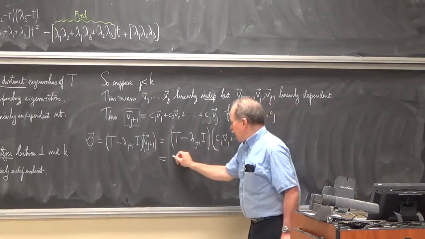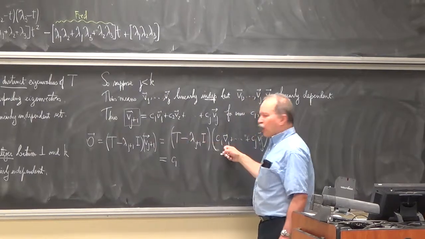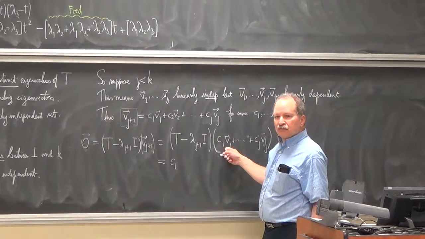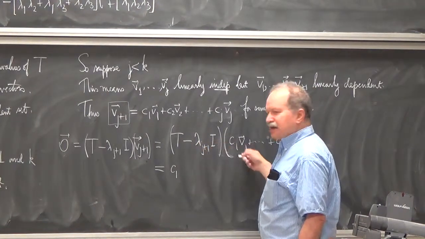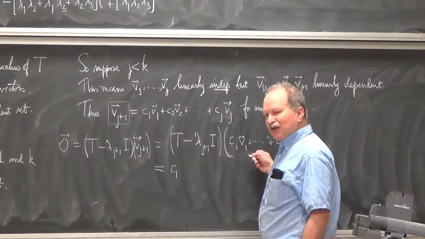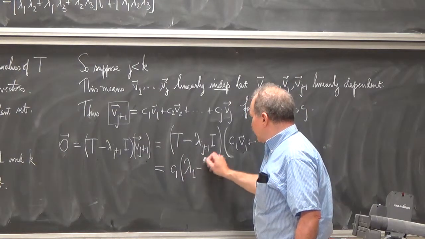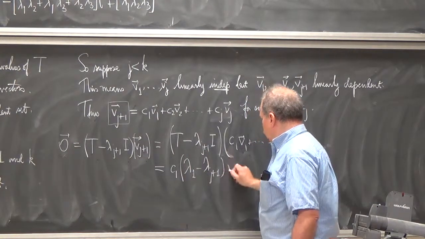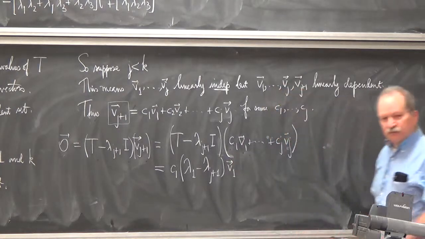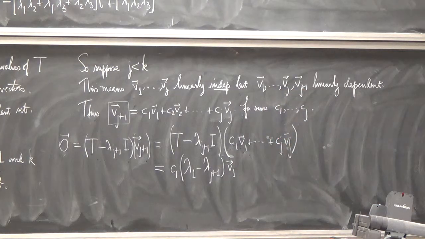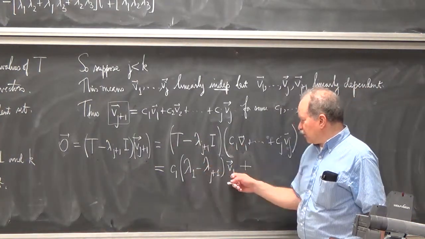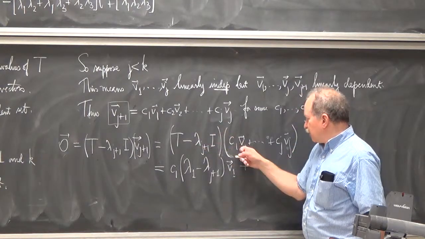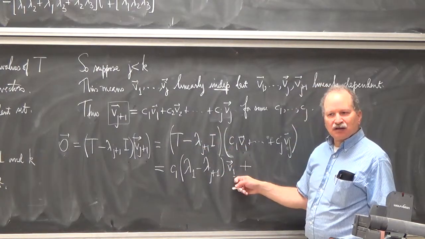Now the scalars will pull out. What's T of v1? It'll be lambda 1 times v1, right? And then what's lambda j plus 1 times the identity times v1? It'll be lambda j plus 1 times v1. So do you agree that I get this quantity? T of v1 is lambda 1 v1 minus the scalar multiple of the identity v1.